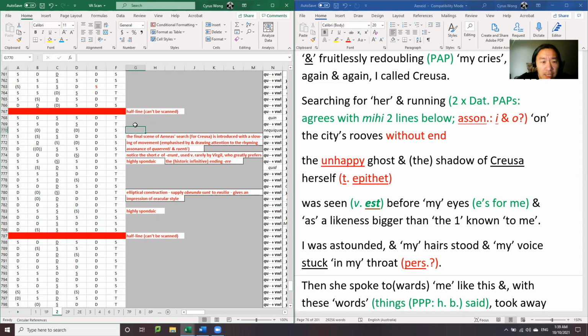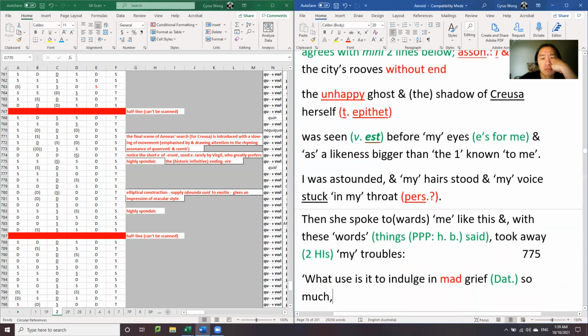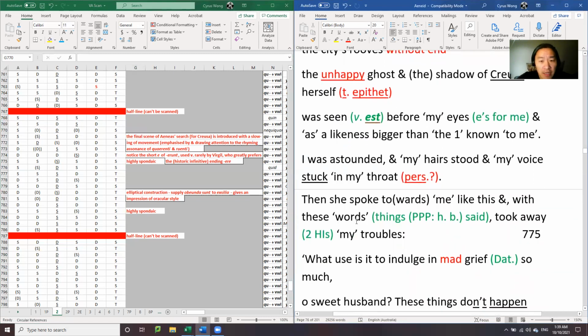And 774, where is 774? Yeah, so when he sees Creusa, notice the short E of erunt, used very rarely by Virgil, who greatly prefers the historic meaning of ere. So a rare construction can draw attention to his astonishment at seeing Creusa. Could be anything, but in this case, this is what draws attention to it.